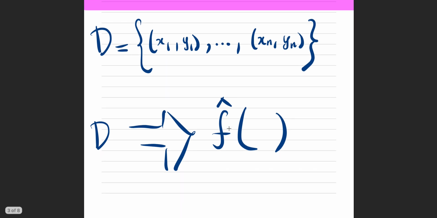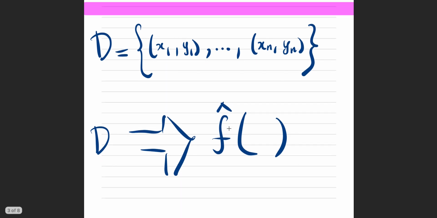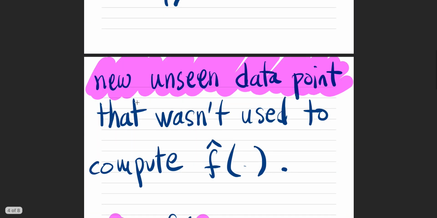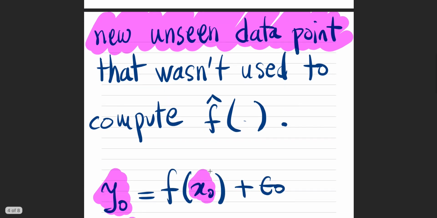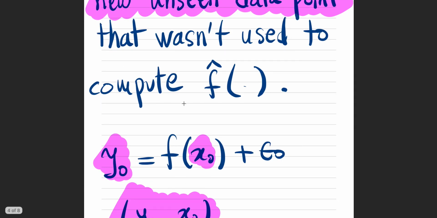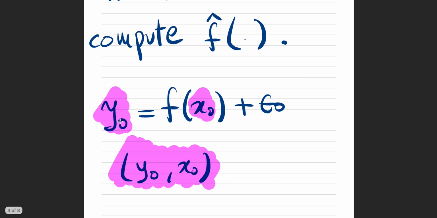What you need to do is to create a new exam that follows the same logic and topics and whatever underlying thought has gone into the course, but different, not exactly the questions that were seen. So a new unseen data point that wasn't used to compute f hat. And that data point is not just any data point, it's a data point that comes from the same data generating process.